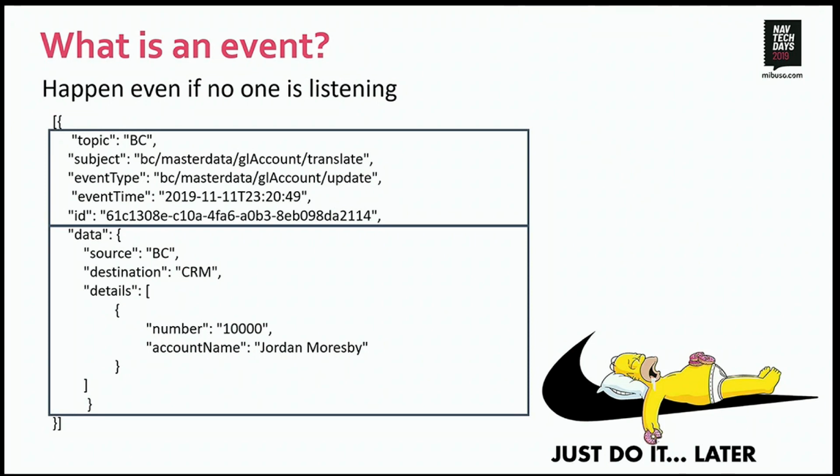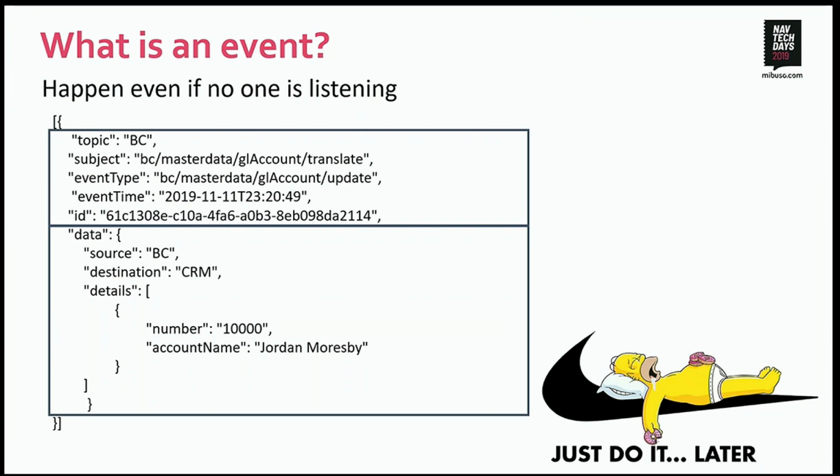Then you have a body, and the body you construct by yourself. You construct what you need: what happened, what fields were changed, not passing the whole customer table, for example. Maybe you want to track only some fields like address, country, the name of the customer, or VAT number, and so on.